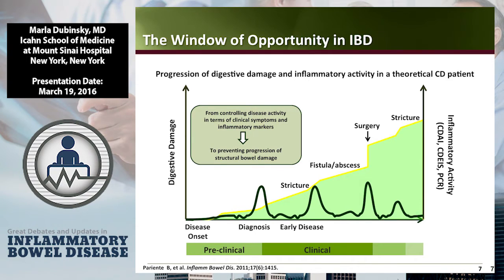So if you have bowel wall damage that's already occurred, the goal of our treatment is to prevent further bowel wall damage, which means trying to keep them as stable as possible so that at least you won't get progression of the bowel wall to become more thickened and fibrotic or fistulizing. So it probably is that our best window of opportunity is really, really early.